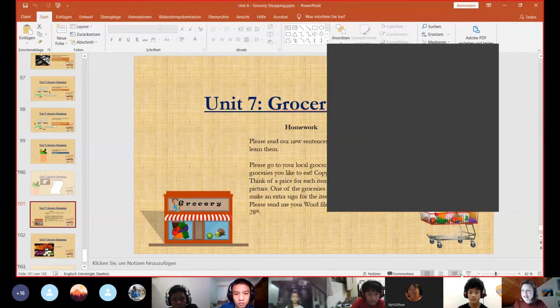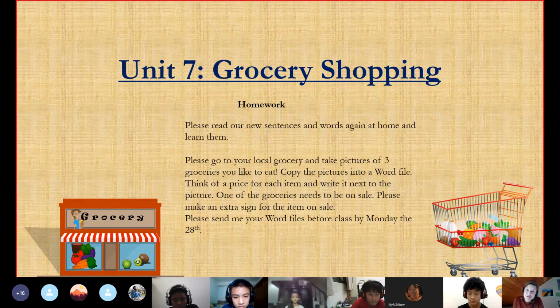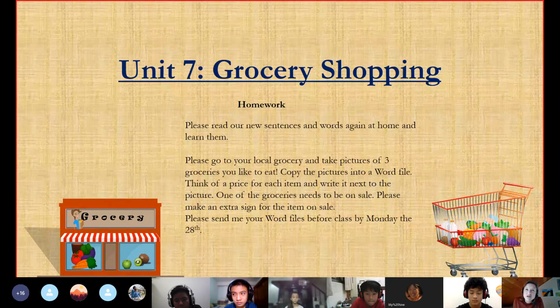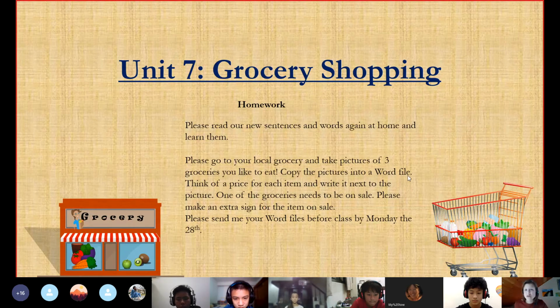Let me see, I would like for you to go to your local grocery and take 3 pictures of groceries that you like to eat. If you can't go to a grocery, you can also just look online and copy the pictures from the internet and put them into a Word file, okay?